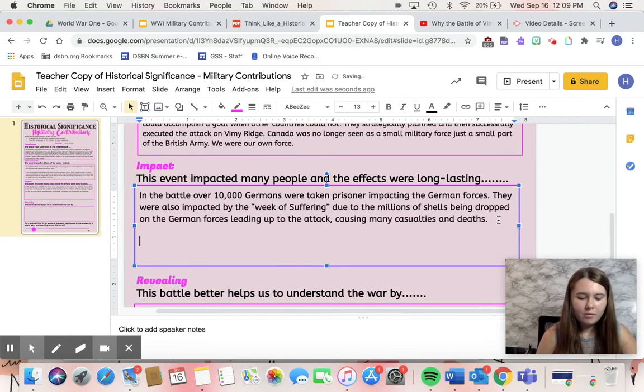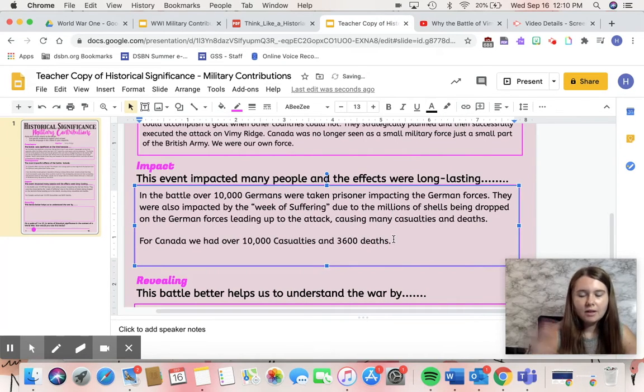For Canada, we know we had over 10,000 casualties and 3,600 deaths.